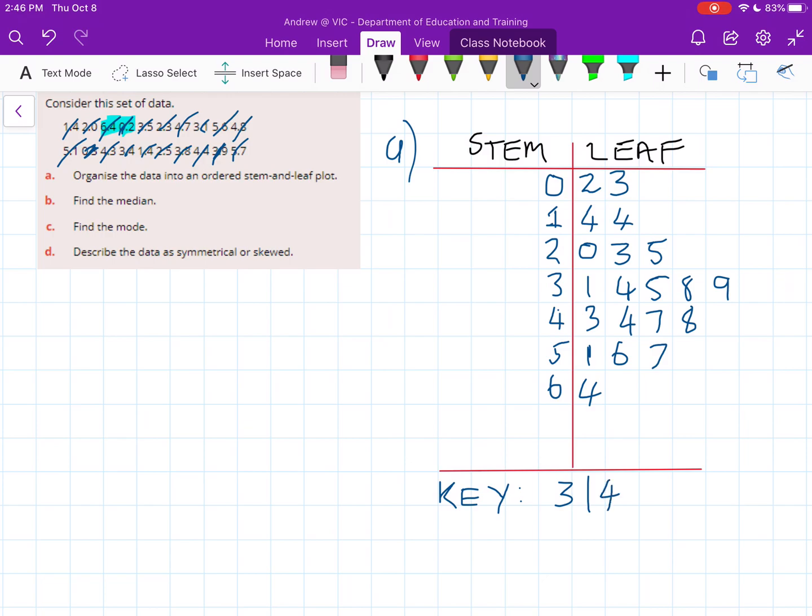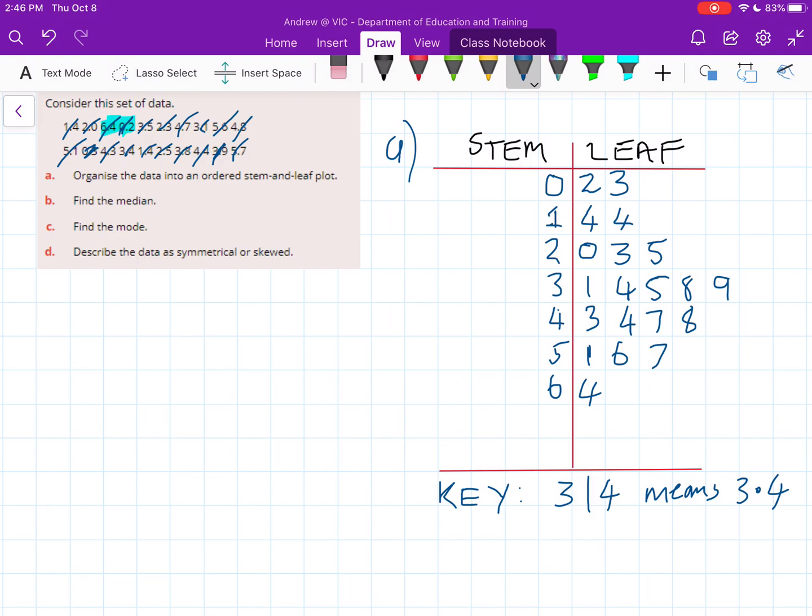This means 3.4. Because with different sets of data, this could mean 34, it could mean 3,400, it might mean many different things. So it's always good to have a key so the reader understands what that number actually is.